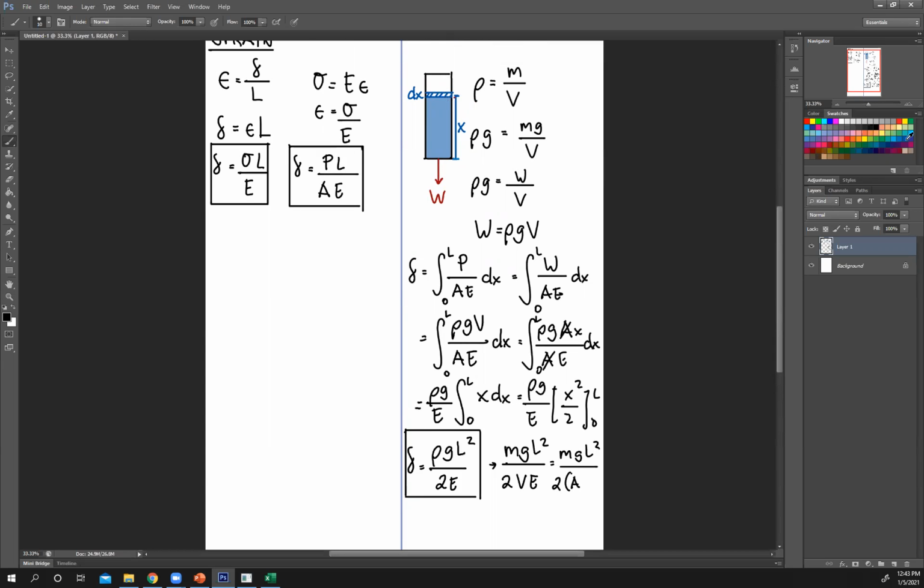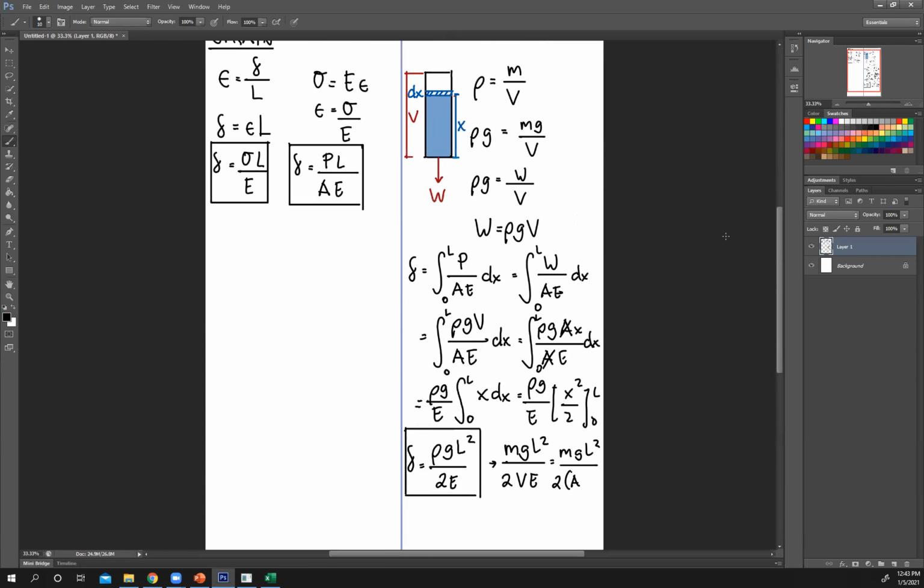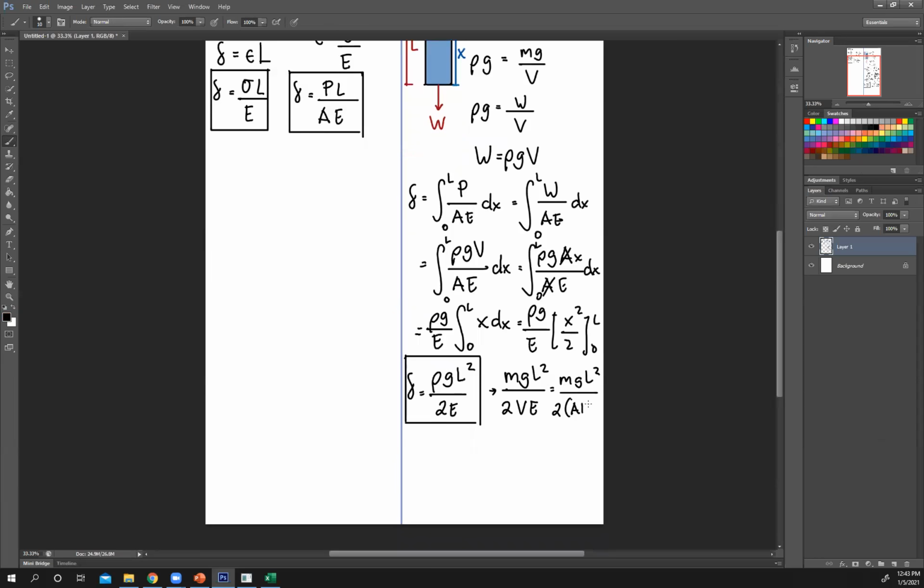So now this is L. We're considering the full volume, so V is now equal to AL. Then L cancels out.